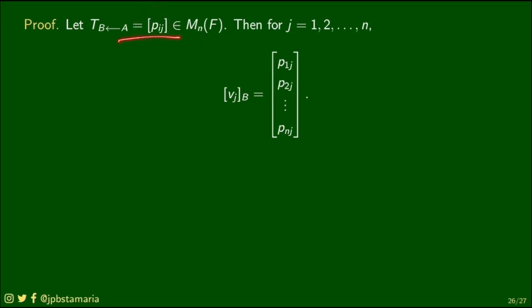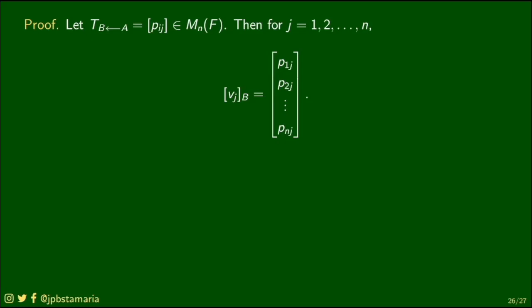From its definition, the jth column of the transition matrix is the coordinate of the jth V relative to the new basis. Remember that you are writing each one of the old basis vectors in terms of the new basis vectors. The coefficients, you collect them, you put them in columns.